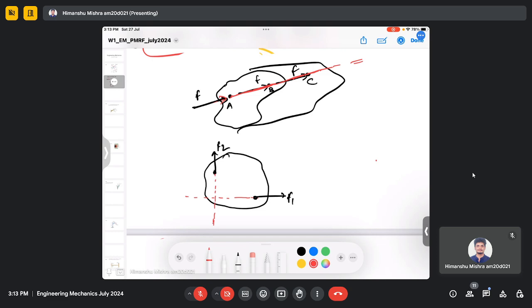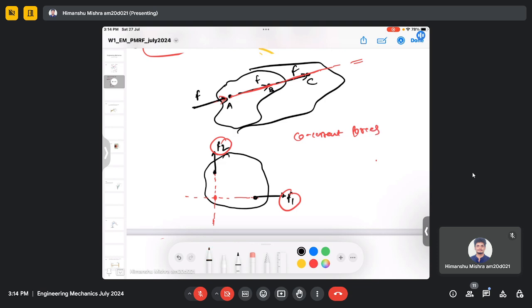So you can see the two lines of action are meeting at one point. So if the lines of action intersect at a common point, then these two forces are said to be concurrent forces.